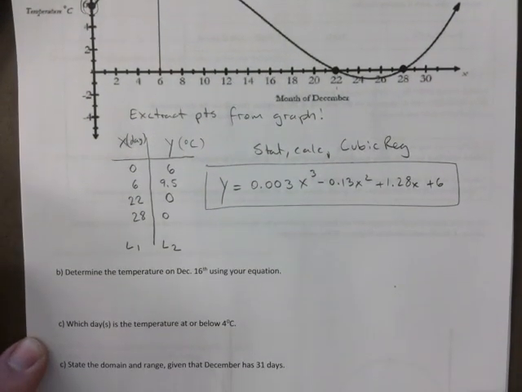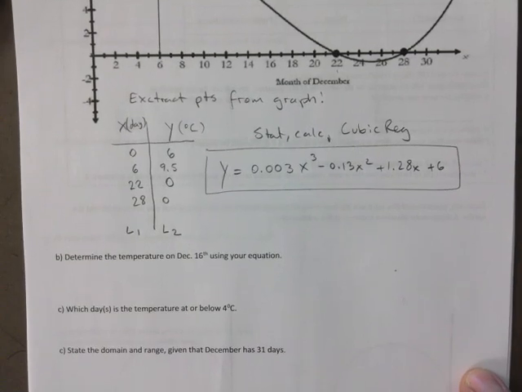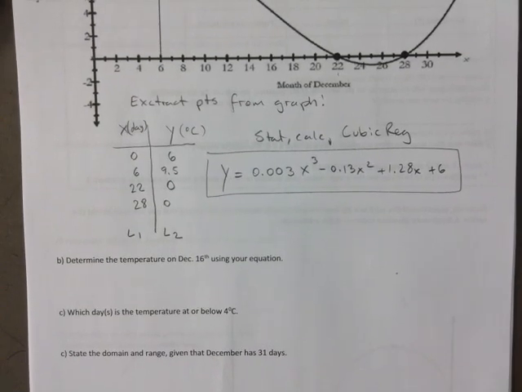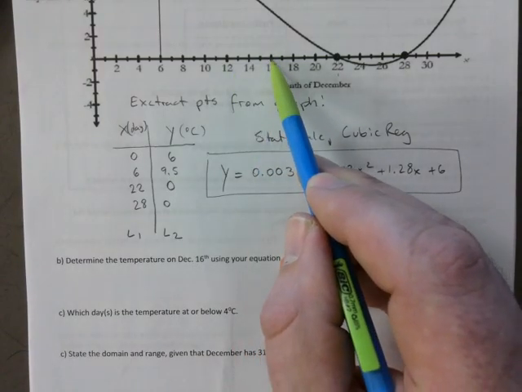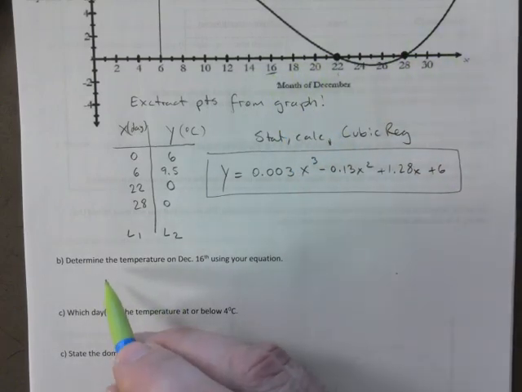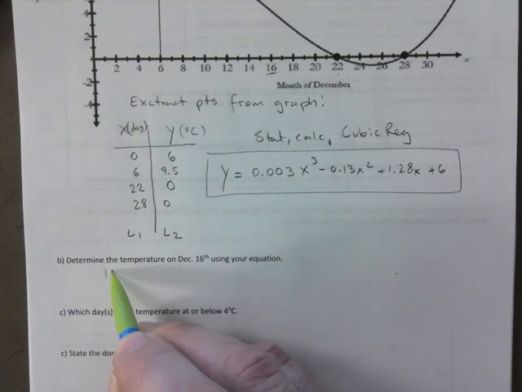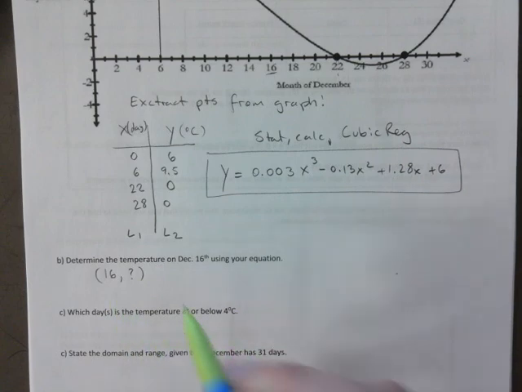Determine the temperature on December 16th. According to this, December 16th is right there. Okay. So what are they giving us? They're giving us the day. They just want to know what the temperature would have been.